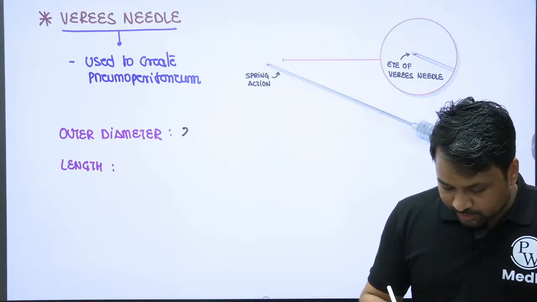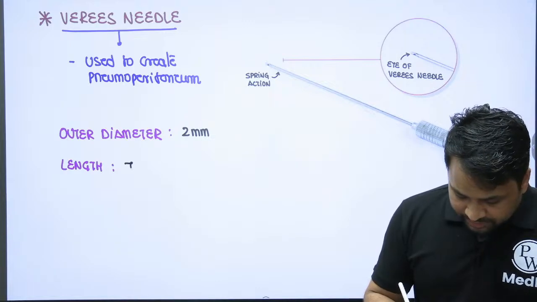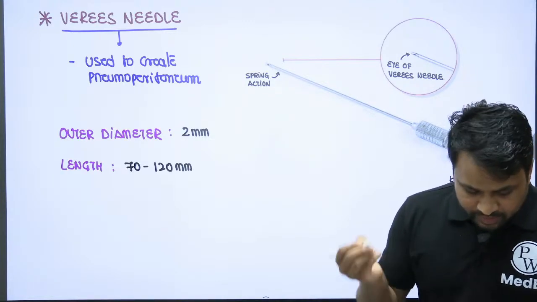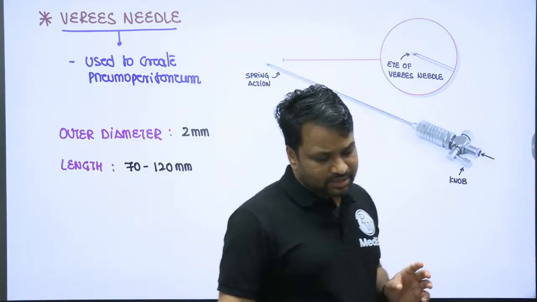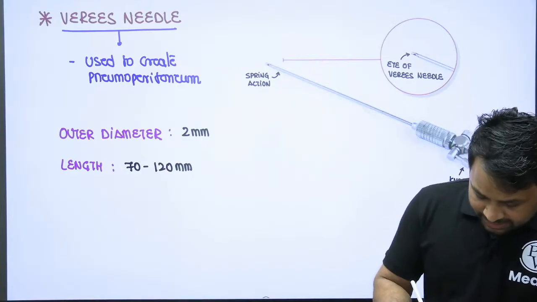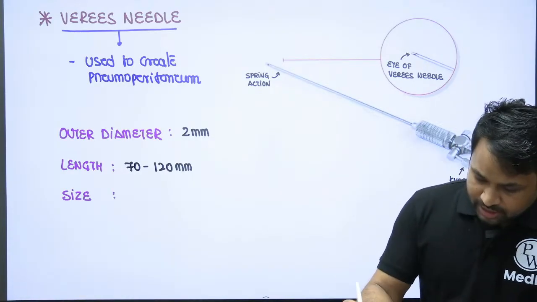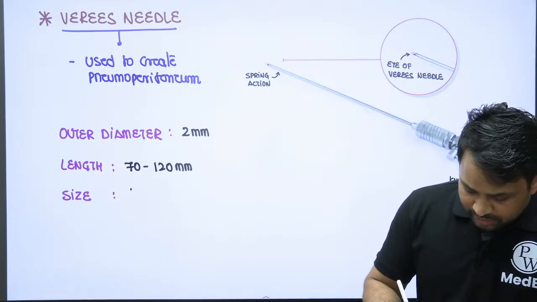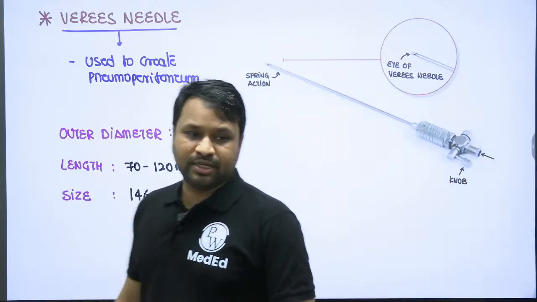The outer diameter of the Veress needle is 2 millimeters and the length varies between 70 to 120 millimeters, that is 7 to 12 centimeters in length. If they ask you what is the size of the Veress needle in terms of gauge, remember it is the largest bore of the needle that you can have. That is a 14 gauge needle.